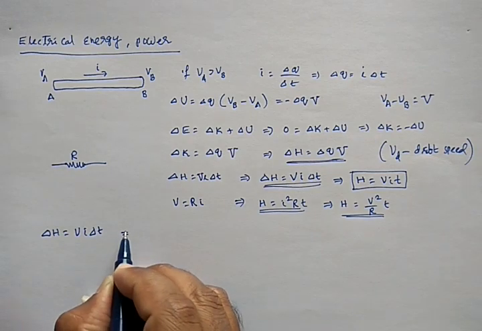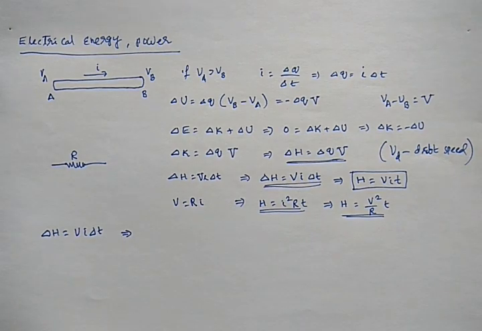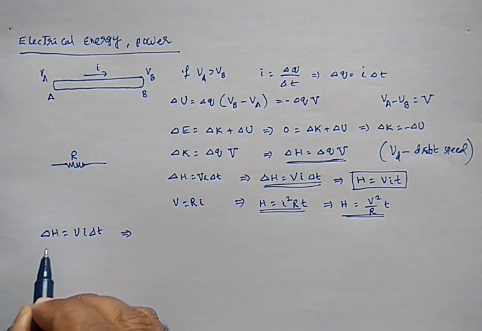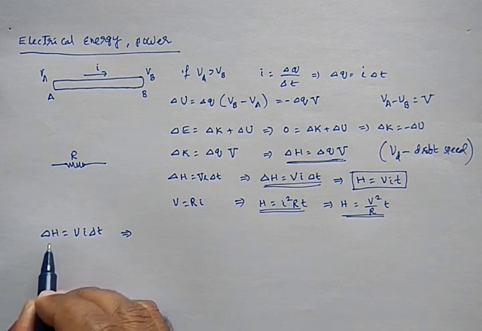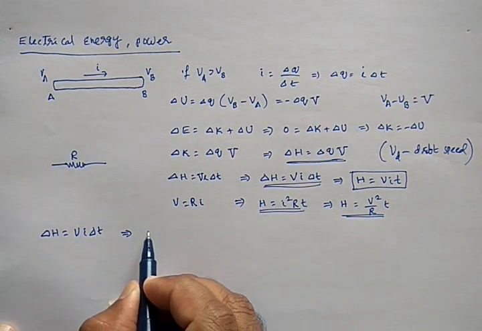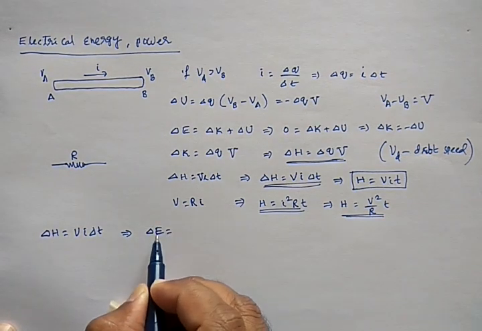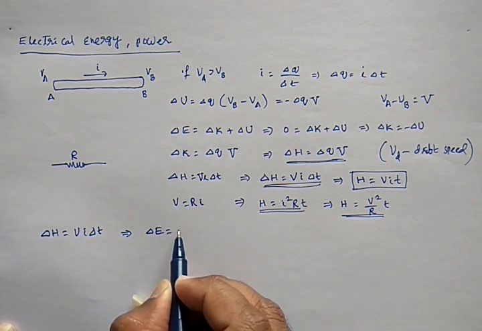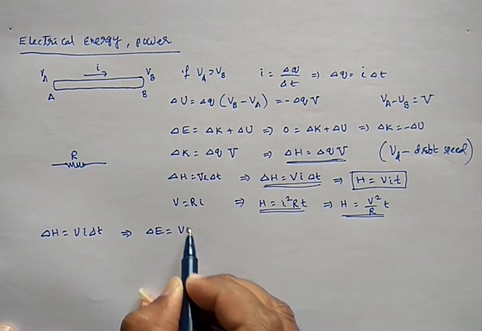So now we know that power is defined in terms of the amount of heat, or the amount of energy, dissipated in the system, that is Vi delta T.